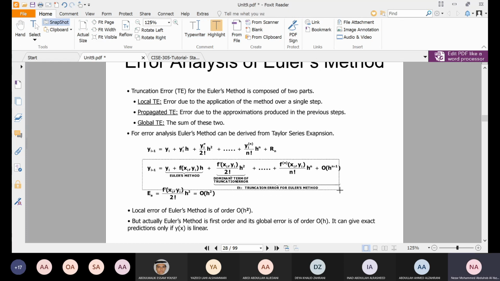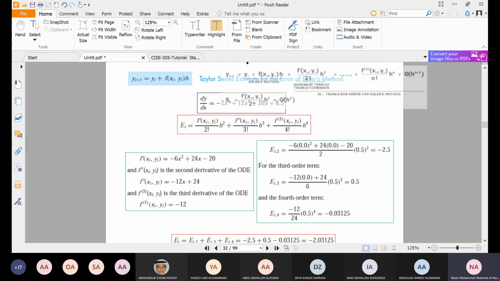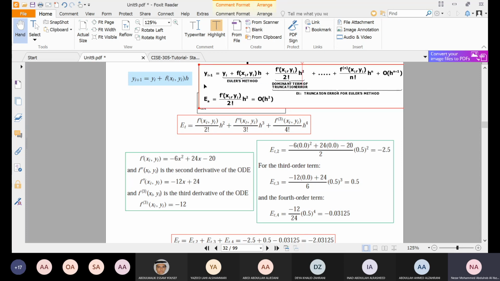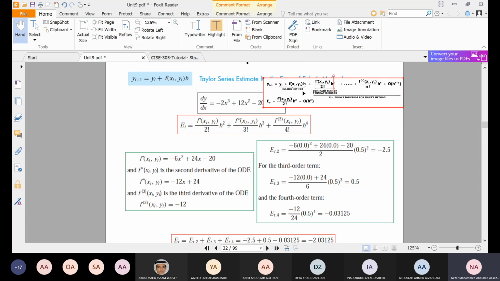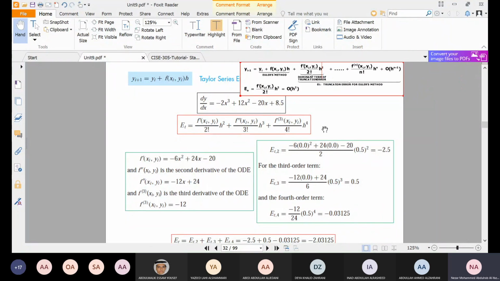So this is the truncation error here. This is the Taylor series expansion, and here we have the error of the method, and the rest we call the truncation.